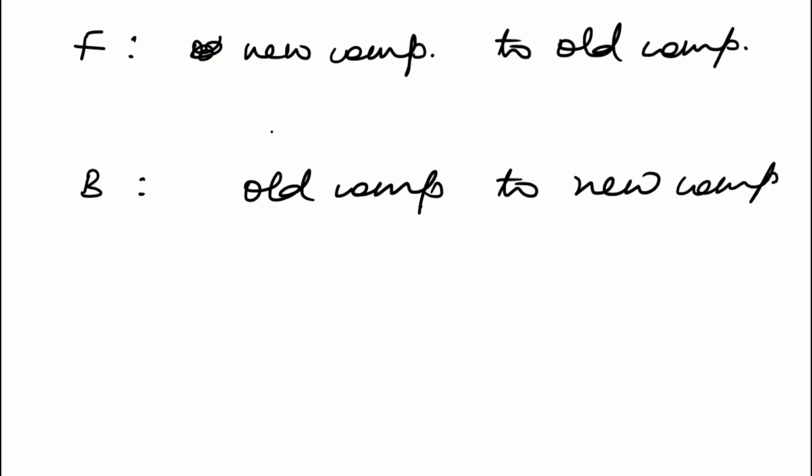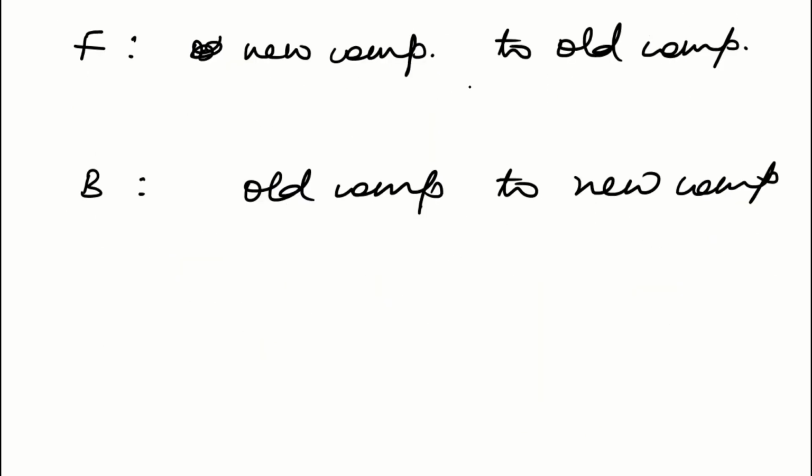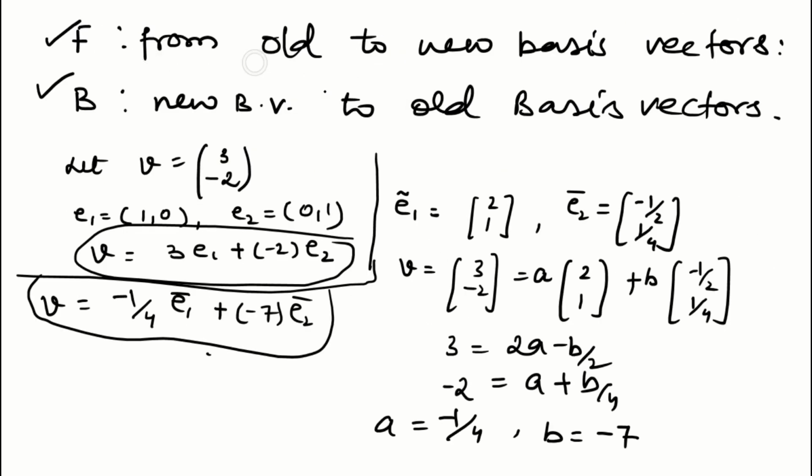And when you are multiplying F with the basis vector, what we have seen here is that F takes the old basis vector to the new basis vectors, right? Here we have written from old to new.